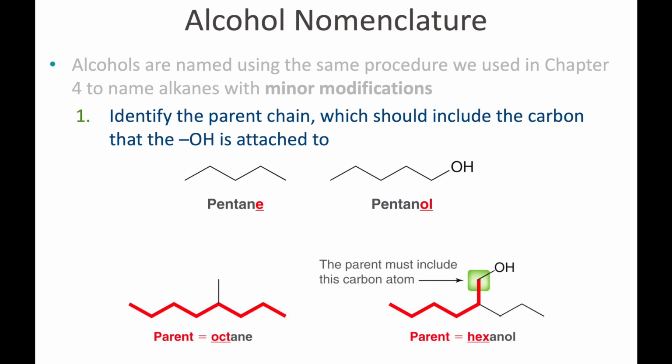Now, if you add a hydroxyl group to that methyl substituent at the end, your parent chain will be a 6-carbon chain, even though you can have an 8-carbon chain that's longer, right? Because the parent chain must include the hydroxyl group. So no longer is this the parent chain with 8 atoms, but it is now this as a parent chain with 6 atoms. So the parent name is hexanol, and this becomes a substituent.